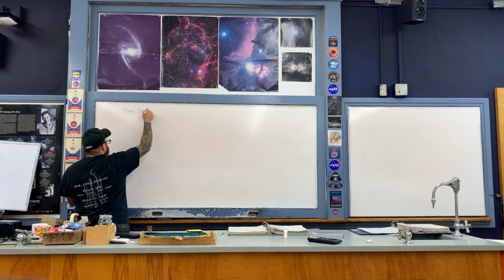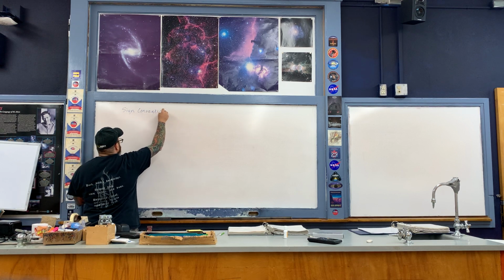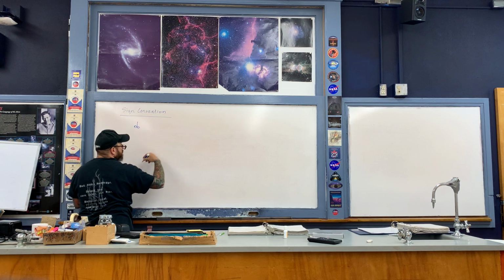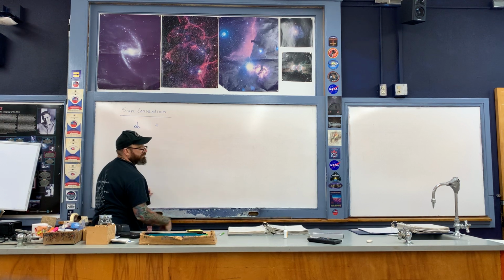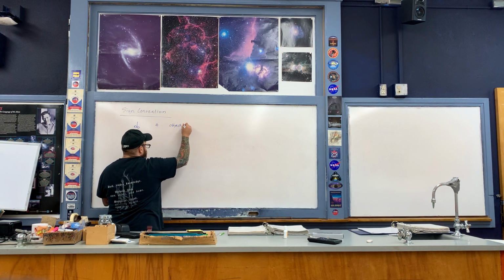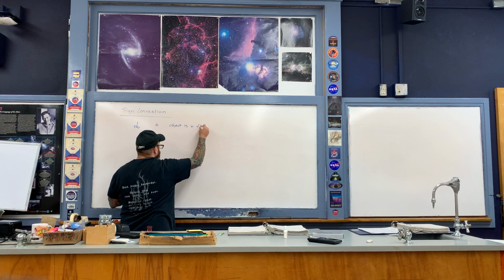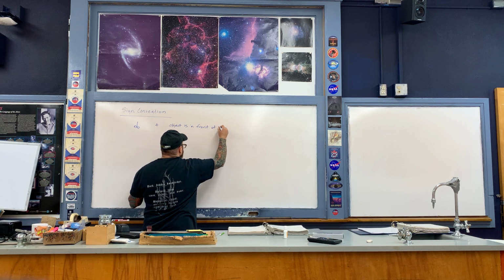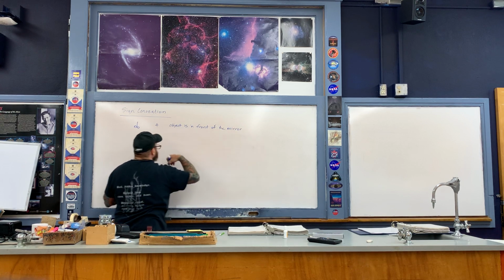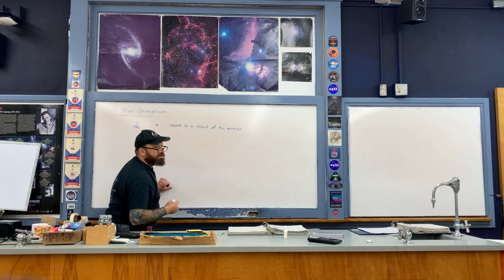Okay, so let me just go ahead and write down the sign convention first, and then we'll begin to apply it. First of all, the object distance DO is a positive number if the object is in front of the mirror. However, the object distance can also be negative if the object is behind the mirror.